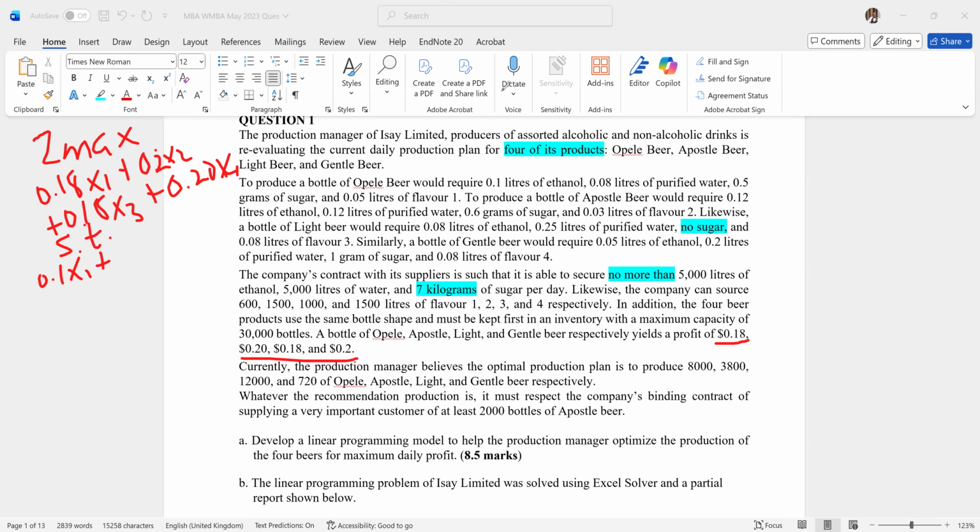0.10x1 plus 0.12x2 plus 0.08x3 plus 0.05x4 less than or equal to 5,000 liters. Yes, the numbers.